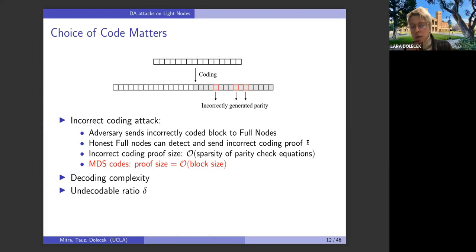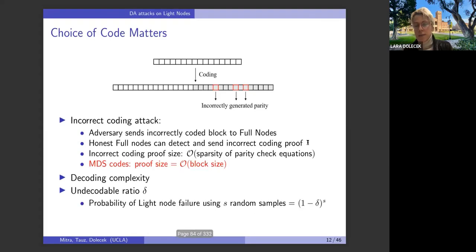Another issue is that of the undecodable ratio, which we will refer to as delta. If you simplify the sampling probability by going from sampling without replacement to sampling with replacement, just to make it slightly simpler mathematically, we can introduce the notation and ask: what is the probability that a light node fails based on S random samples?